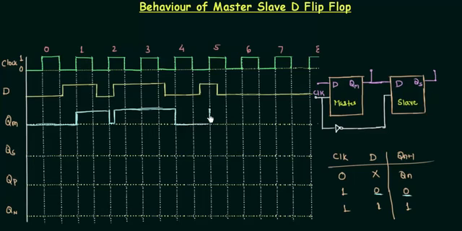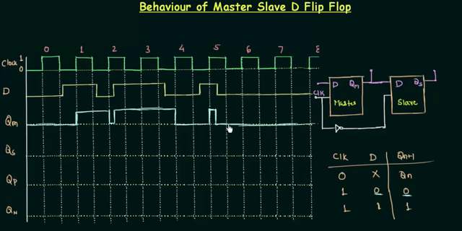Finally here again we can see the input signal is changed during the clock. It is high initially, then it goes low. So our QM will also follow this. It will remain high initially and then it will go low.